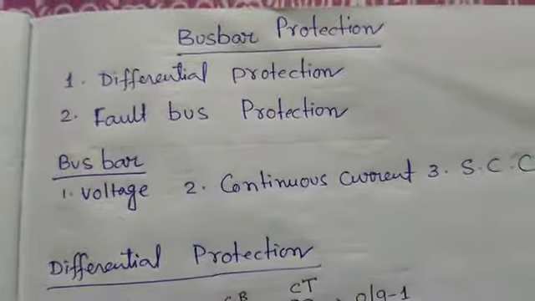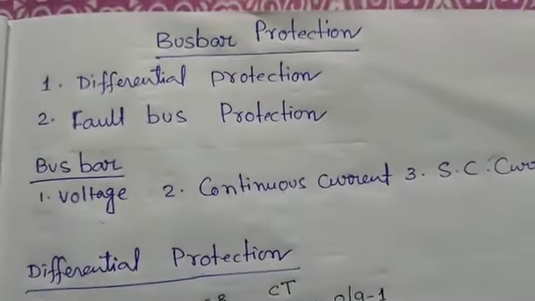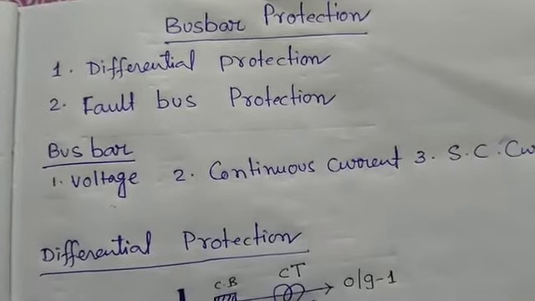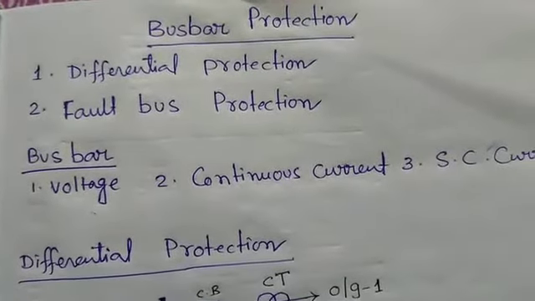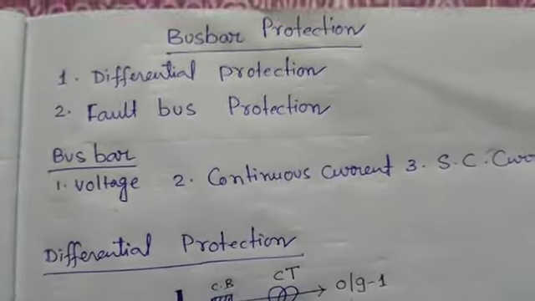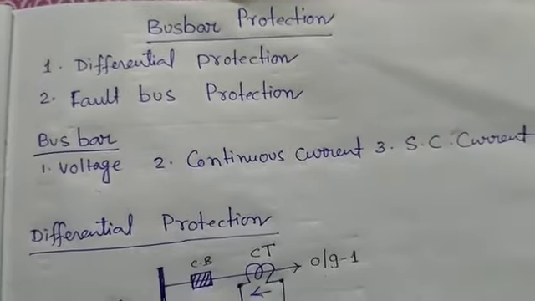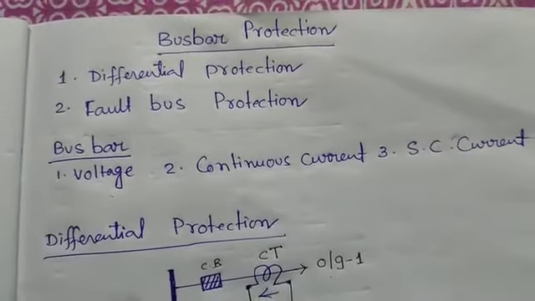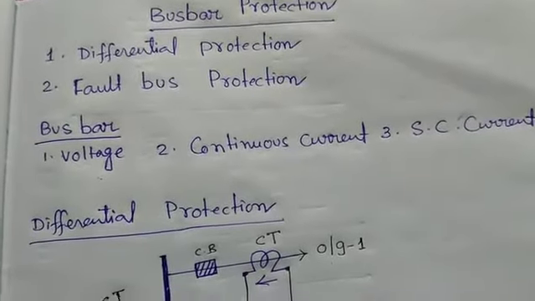So in the substation, the bus bar is the most important equipment. All the incoming and the outgoing circuits are connected in parallel with the bus bar system. In the 220 kV system, some incoming line is coming and the outgoing 220 kV line goes out through the bus bar.